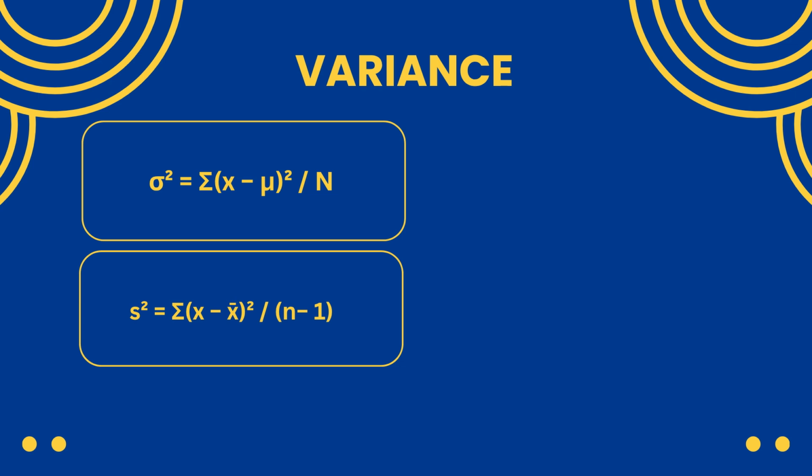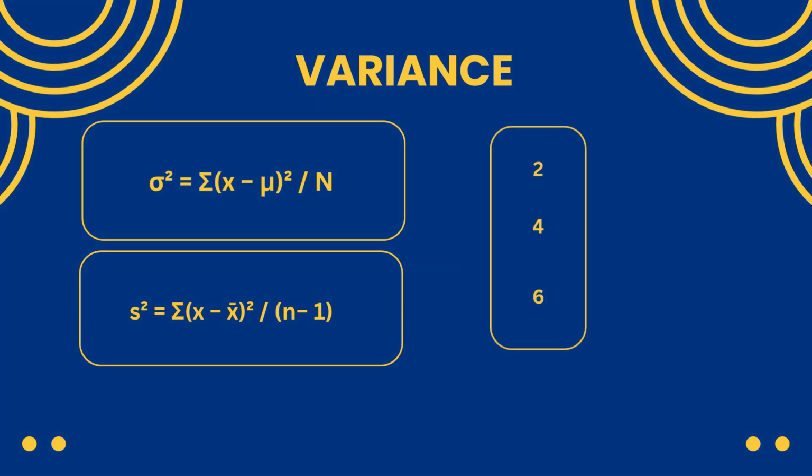Let us take a simple example. Suppose our sample values are 2, 4 and 6. Here the sample mean is 4. Now calculate the deviations from the mean. 2 minus 4 gives minus 2, 4 minus 4 is 0, 6 minus 4 gives plus 2. Notice something important.